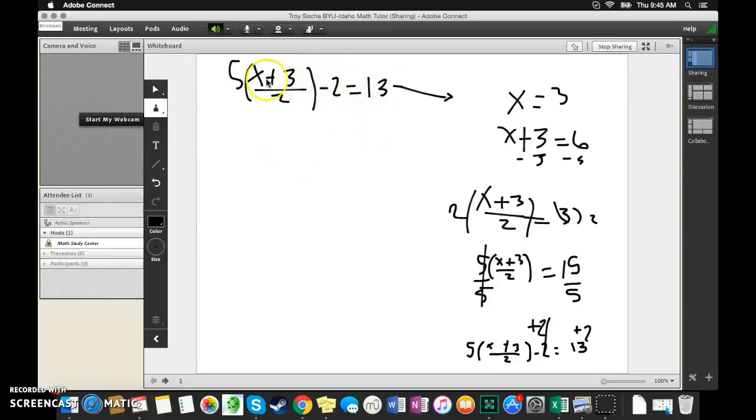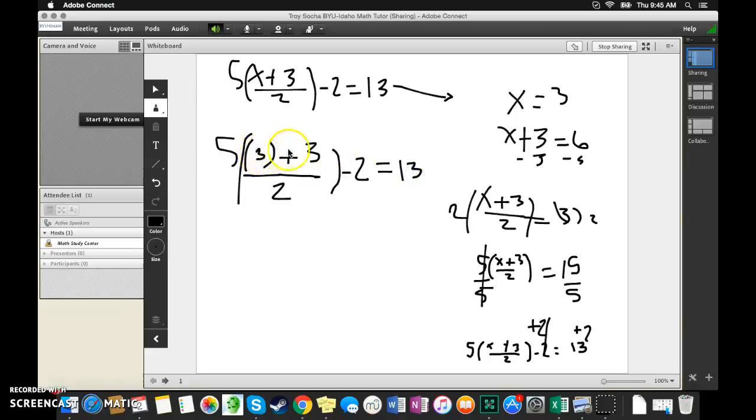So we plug in 3 wherever x is. Oops, that's too long of a parenthesis. So I put it in parentheses to show you which 3 was replaced by the x.